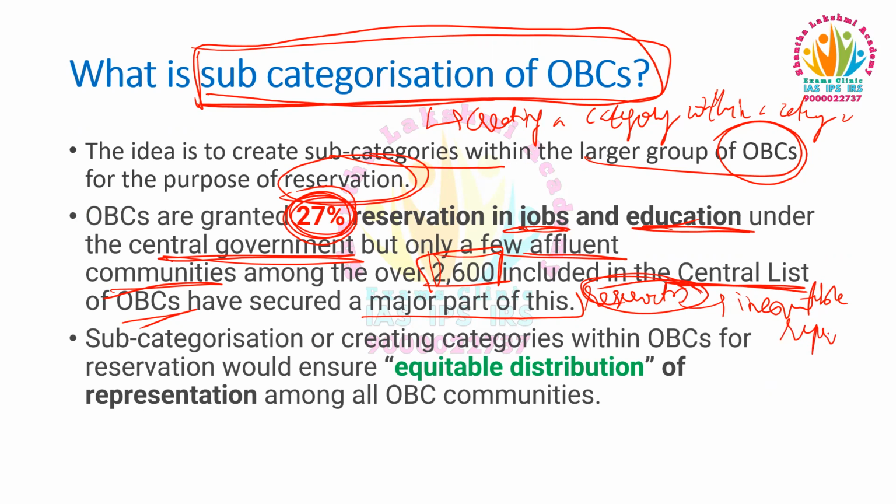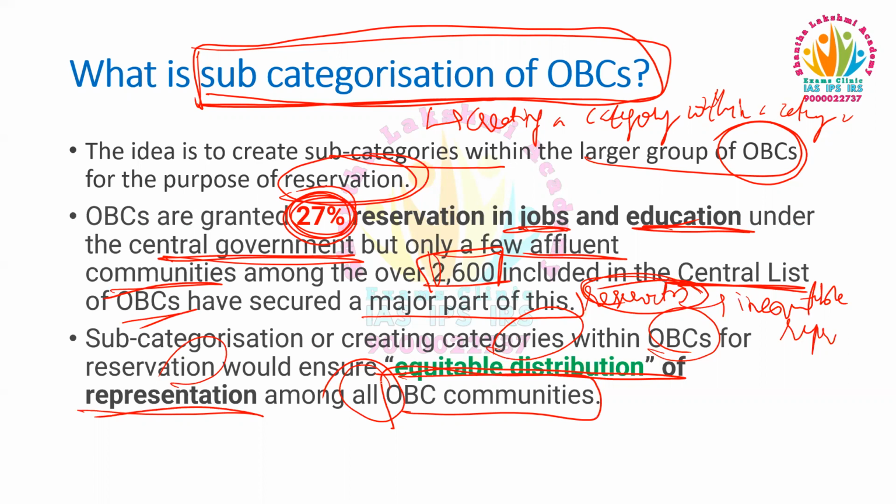So that's why there is a need for subcategorization of OBCs. And this subcategorization or creating categories within the OBCs for reservation will ensure equitable distribution of representation among all OBC communities. So this is all about the subcategorization of OBCs.